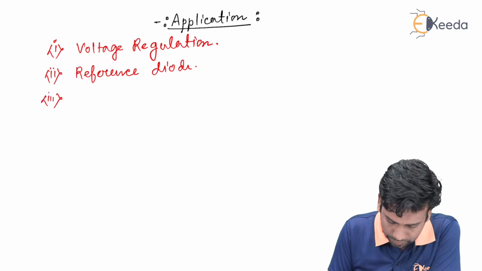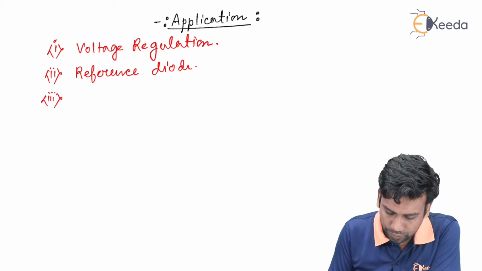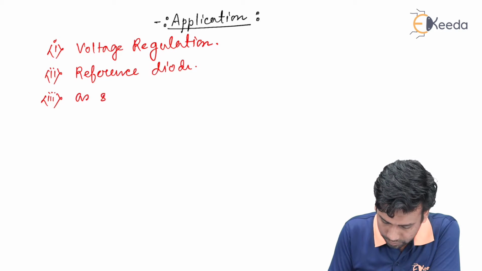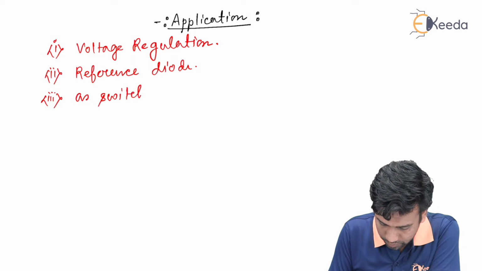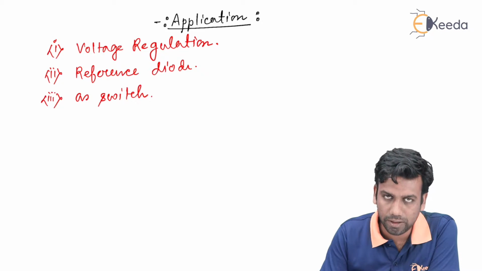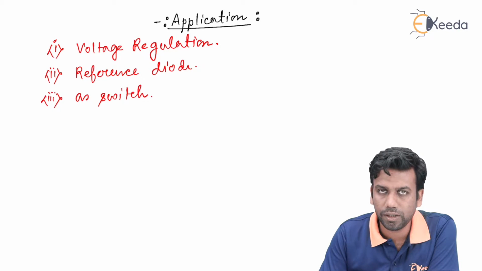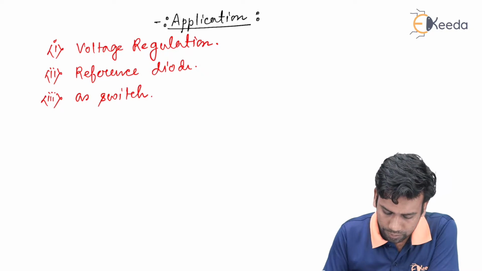The third application is that it can act as a switch, because the Zener diode has a faster operating speed than the normal diode.